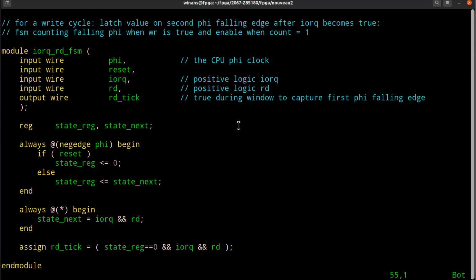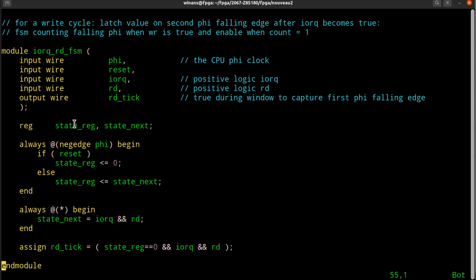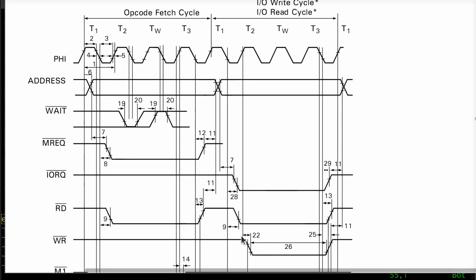So let's look at the logic I chose to do here. I got a single bit state register, because all I got to do now is count from state 0 to state 1. I reset it, I put it to 0, and every time I get a falling edge, I put the state next into the state right. Same thing here. But this is a much simpler next signal, okay? In this scenario, all I need to do is say the next state becomes 1 if IOREC and read are both active at the same time, and that's what we got down here.